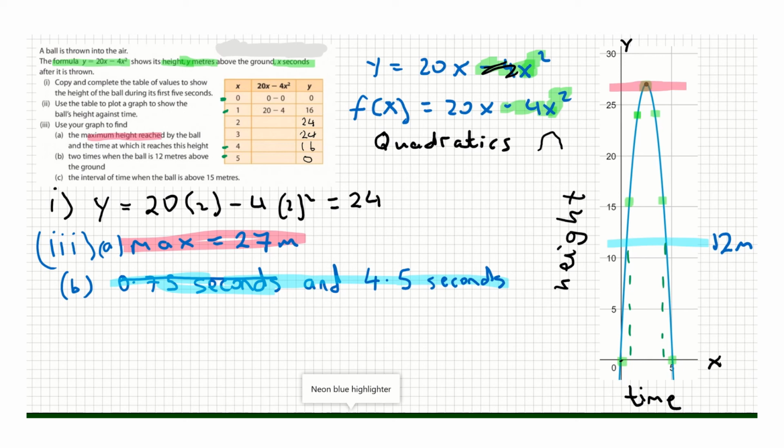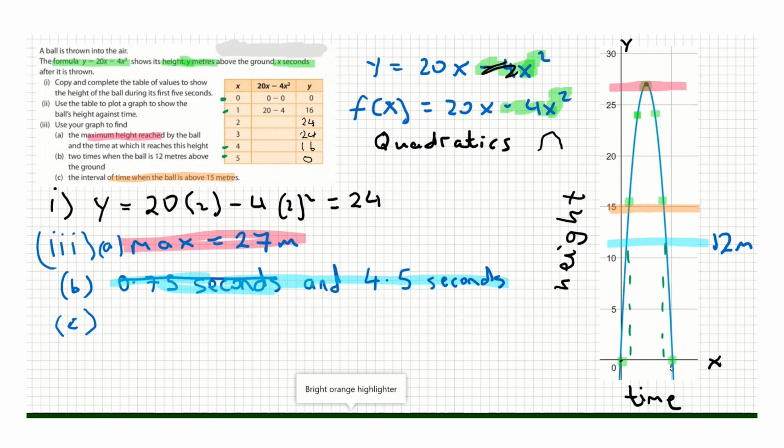And part C, the interval of time when the ball is above 15 meters. Okay, we'll do orange for this one, above 15 meters. So that's everywhere from here to here. Okay, we know that after 1 second, the ball is 16 meters, and after 4 seconds, it's 16 meters.